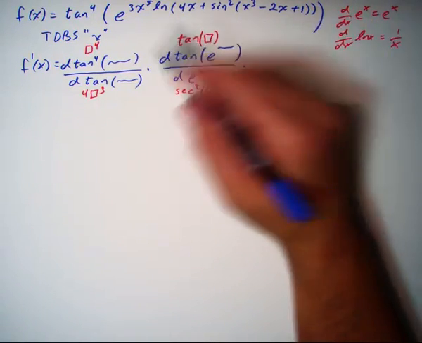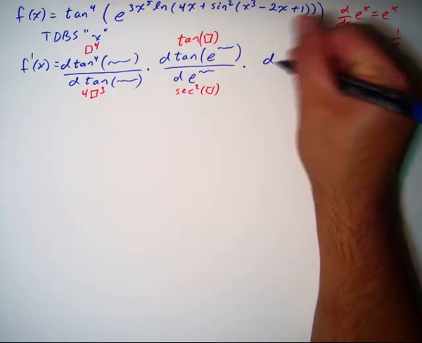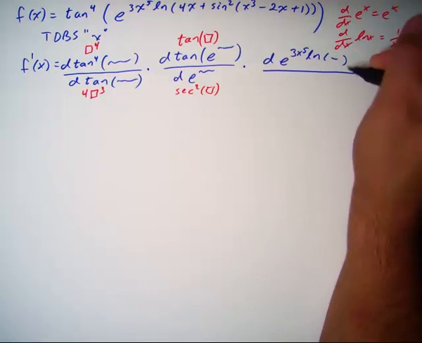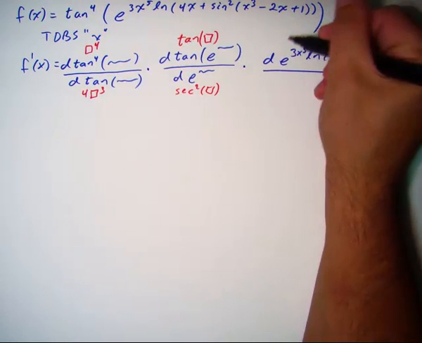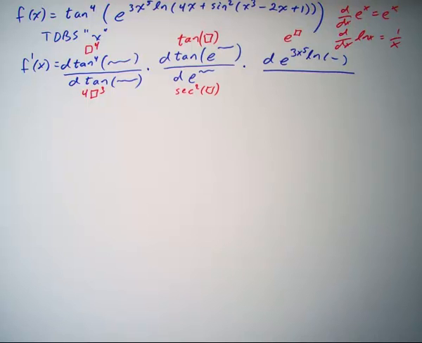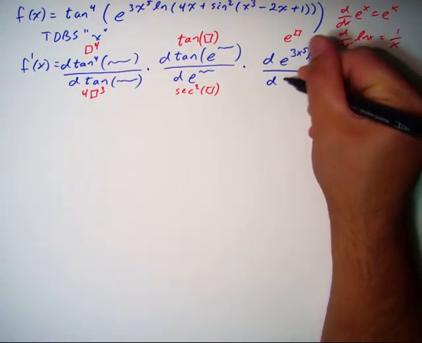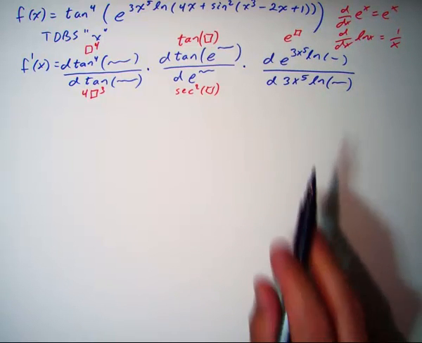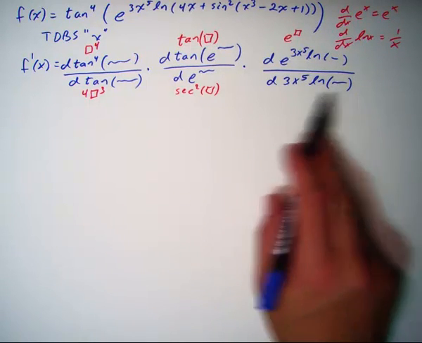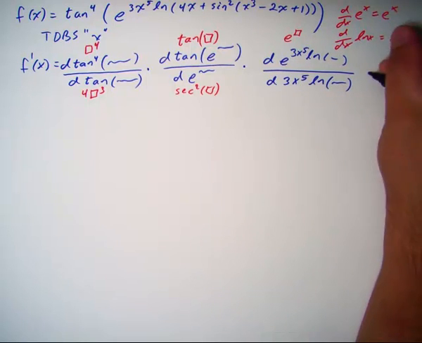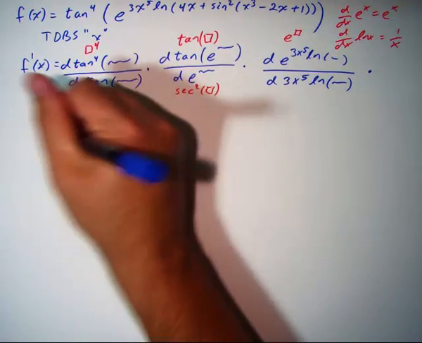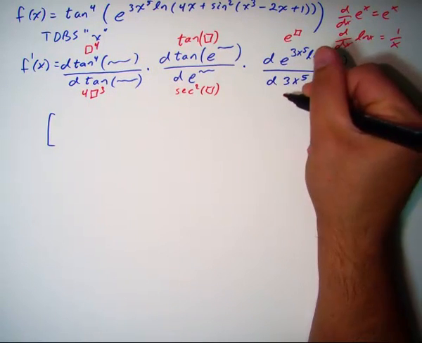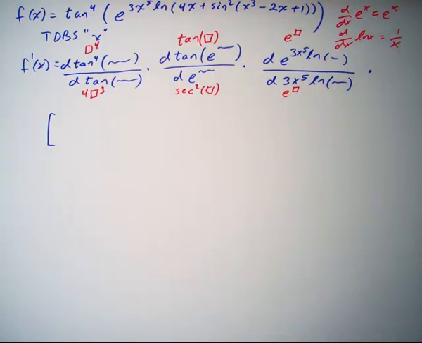Now I can take the derivative of e to the whole thing, e to the 3x to the fifth ln of some stuff. I can look at this as e to some power, and so I can take the derivative with respect to that power. I then need to take the derivative of this, but notice this is a product, so I multiply by something that is going to begin with a product, but before I do, let me just write this as e to the box.